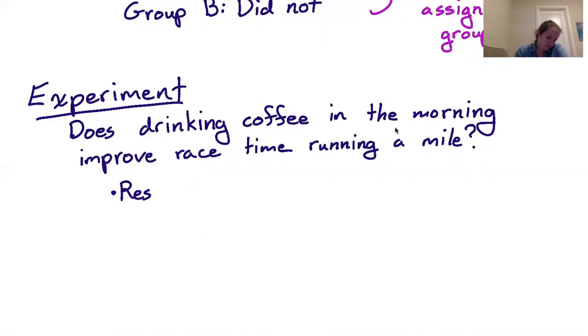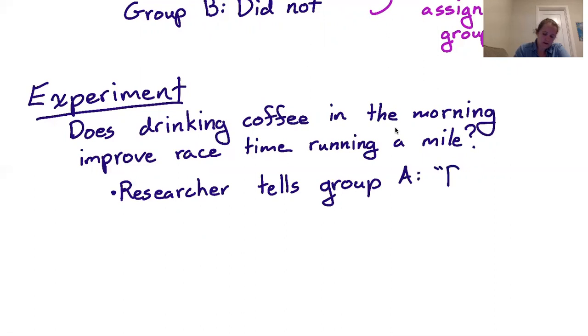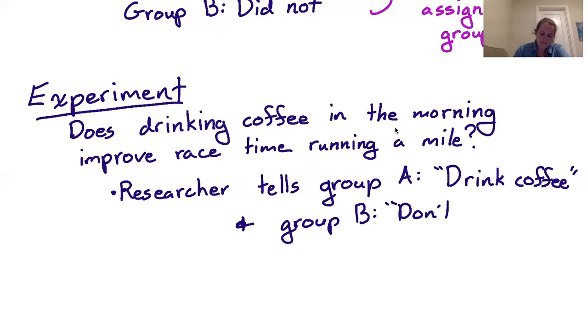So the researcher tells group A, drink coffee. And group B, don't drink coffee. And then times their mile race.